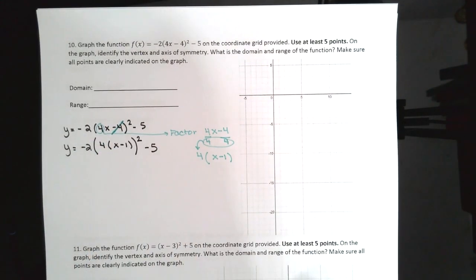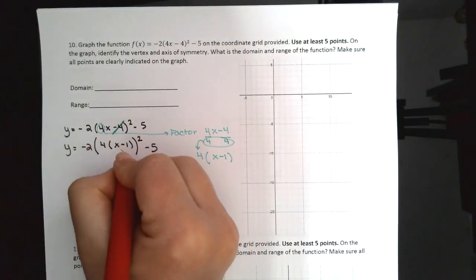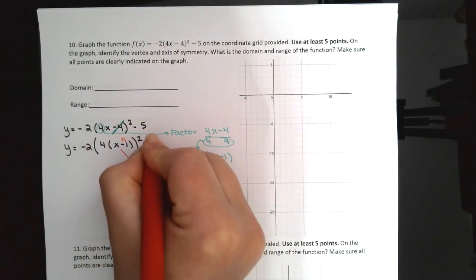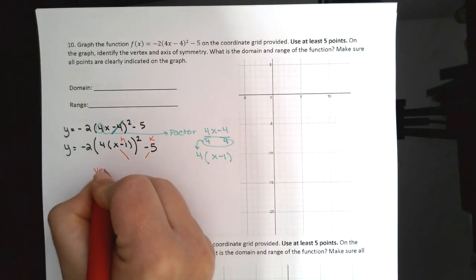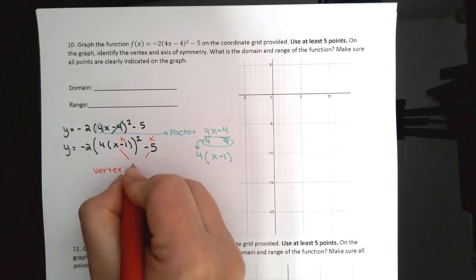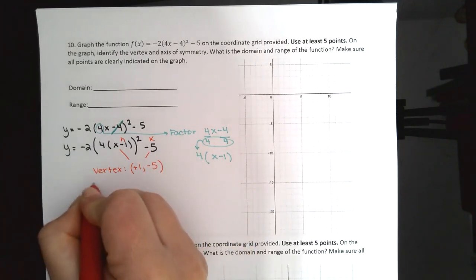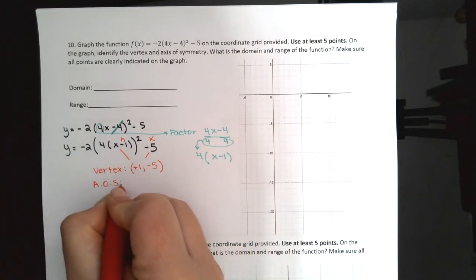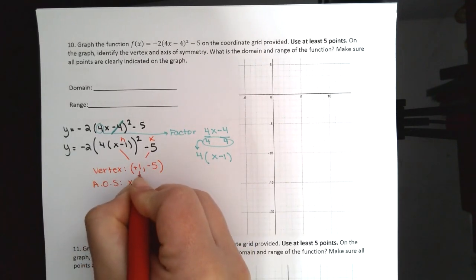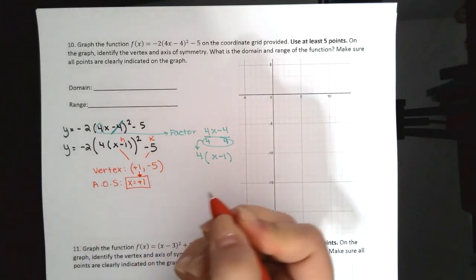This 4's gone. What I actually have for my vertex is my h comma k. Opposite what you see, so positive 1, negative 5. k is for keep, which means my axis of symmetry is this positive 1.